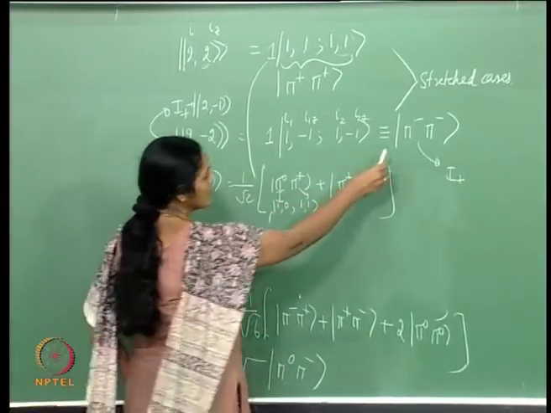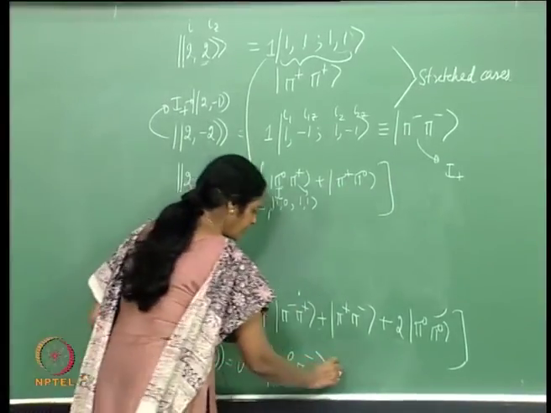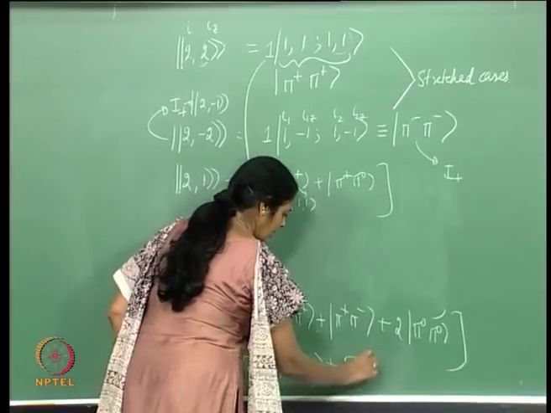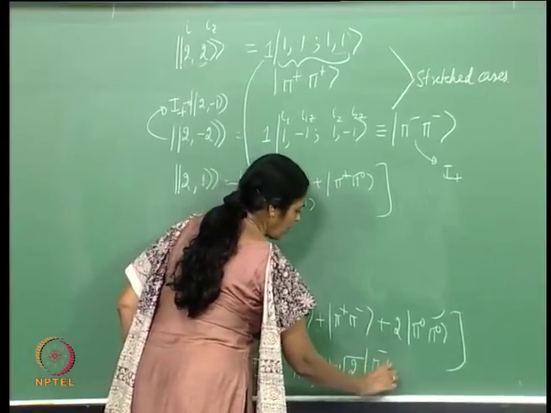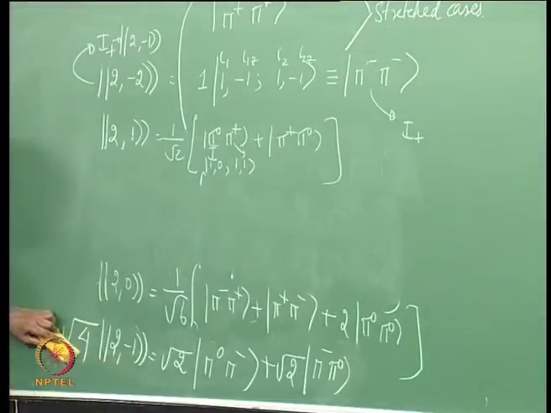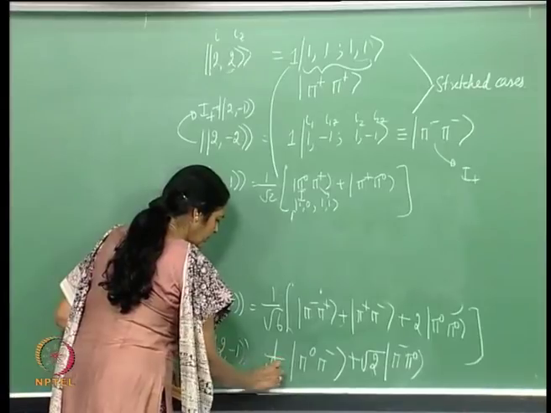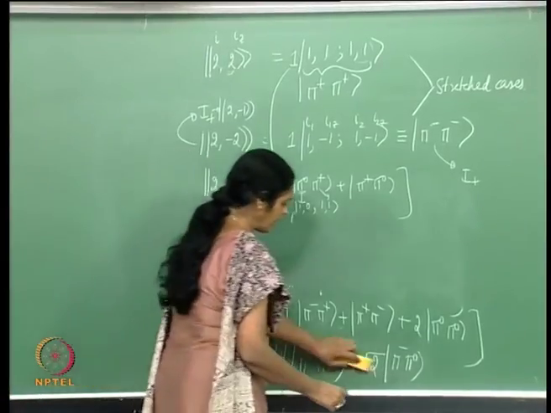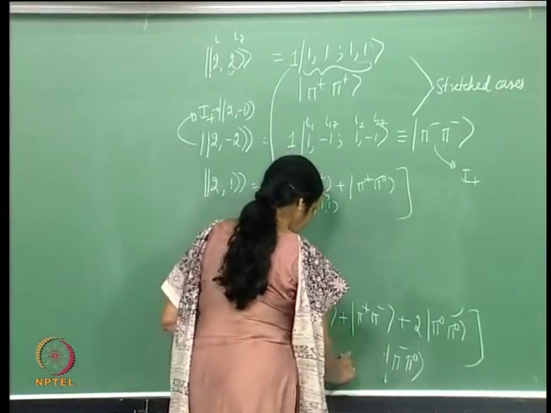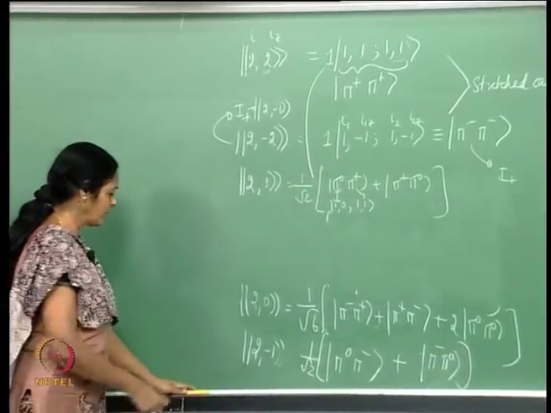The coefficient itself gives me a 1 plus 1 there. And then of course, again I have a root 2 pi minus pi 0. In other words, 2 comma minus 1 is 1 by root 2 pi 0 pi minus plus pi minus pi 0.